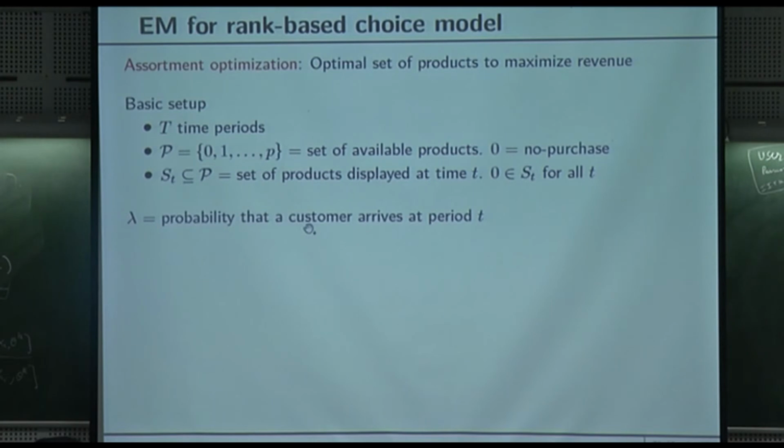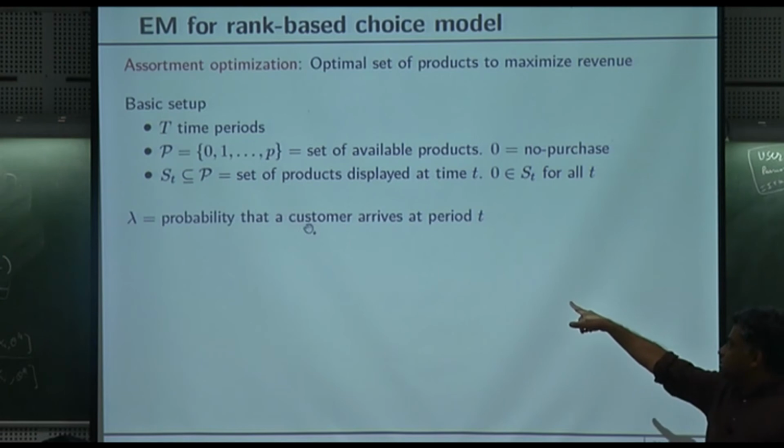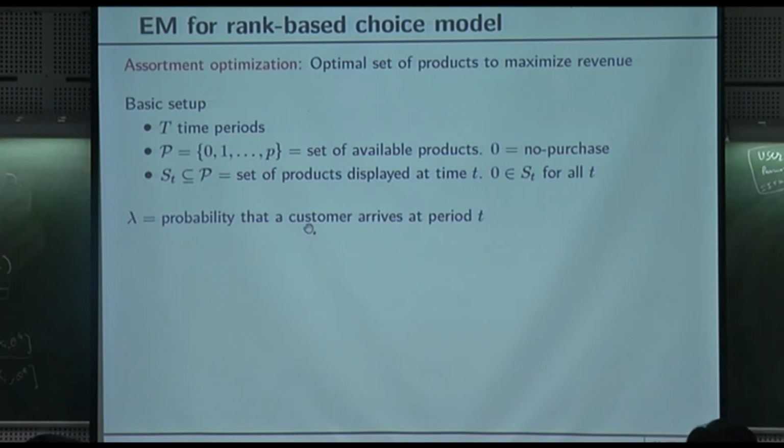At time t, we are going to display a set ST of products. I'm always going to assume that the product 0 is part of ST. If you don't like this modeling, then just define script P to be 1 through P. Make sure that you pick a subset ST of products from 1 through P and add the 0 product to it.